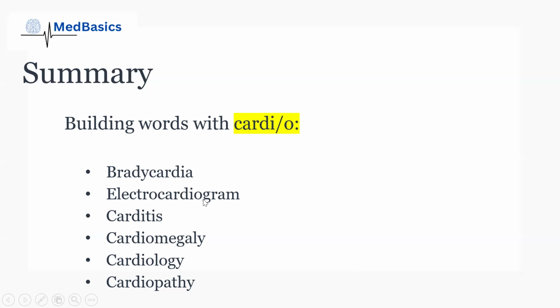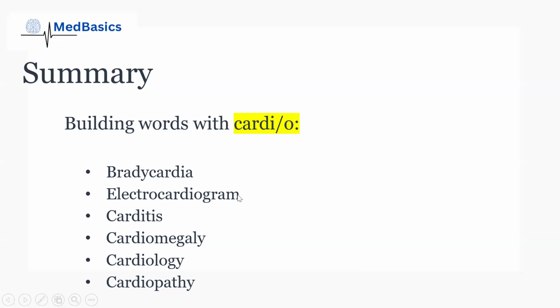Word root, okay? And then here you can see gram is a suffix. But here again, you can see the first alphabet is a consonant. That's why we have added O. So the term is electrocardiogram, in which there are two word roots and one suffix.